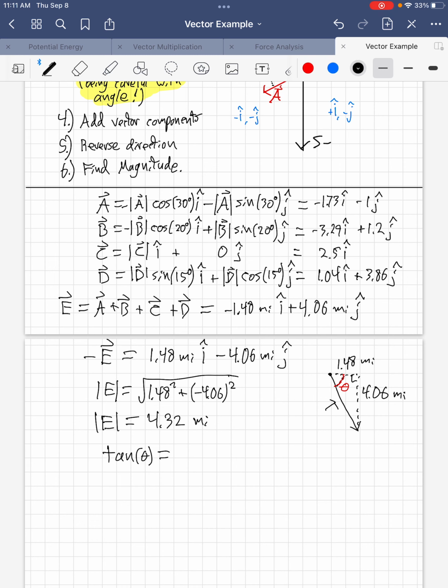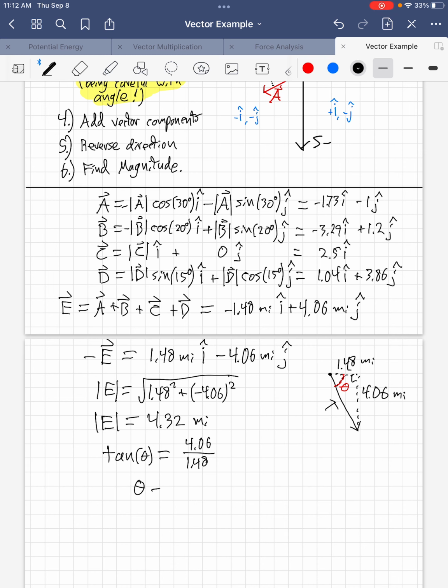is going to equal, so you can take that as a negative. What I recommend when you're using tangent to find the angle is to just make both the values positive, and I'll talk about why in just a second. So it'll be 4.06 opposite over adjacent 1.48.